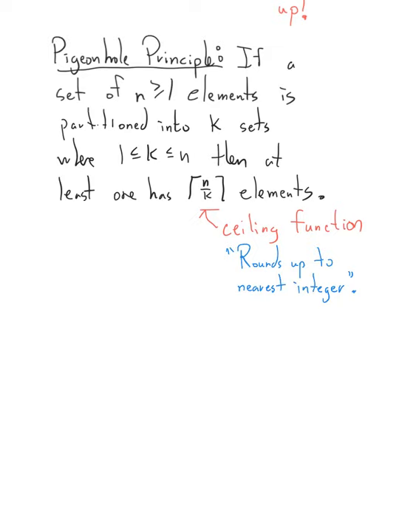If you have the ceiling of 5/3, well, 5/3 is 1 2/3, so rounding up to the nearest integer, you get 2. And same if you take 4/3 and round it up to the nearest integer. So that's what that means.